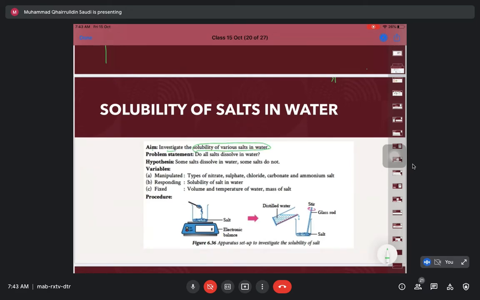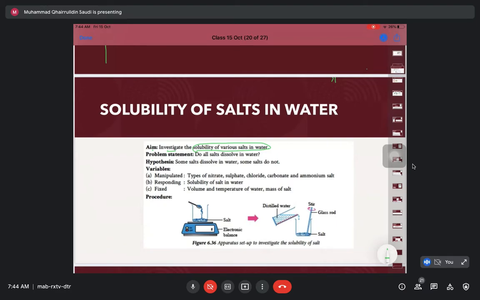Kita dah belajar there are so many type of salts. Okay, we have nitrate salts, chloride salts, carbonate salts. Okay. What else? Sulfate salt. Okay, kita ada, yes, all those salts. Okay, kemudian kita akan test whether those salts soluble or not in water.